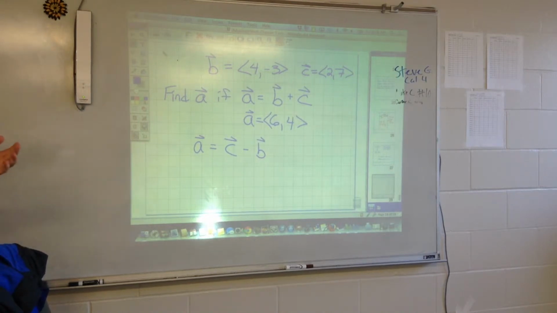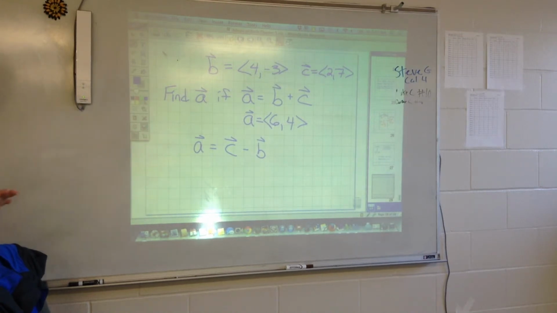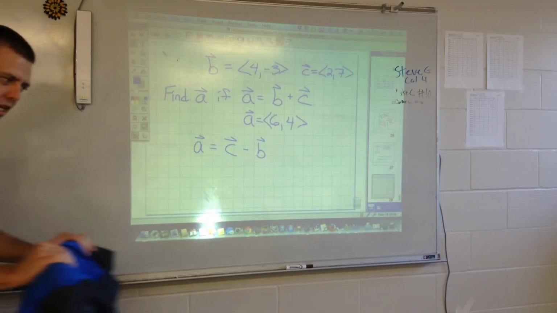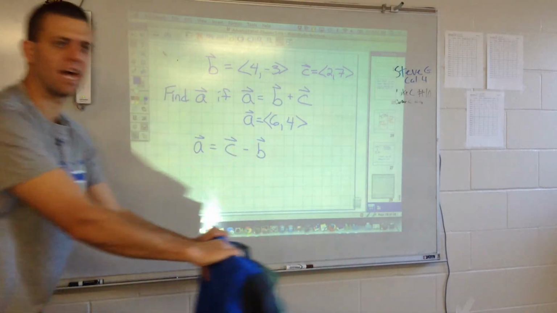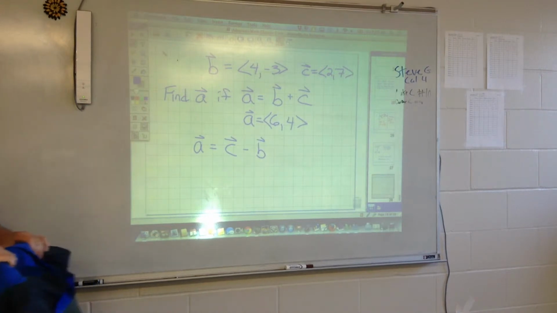Because isn't subtraction the same as adding a negative? That was when you first were taught integers. If you didn't like minus something, you could say plus the opposite. So what is the opposite of a 10-pound force in that direction? Negative 10 pounds. A 10-pound force in the opposite direction.